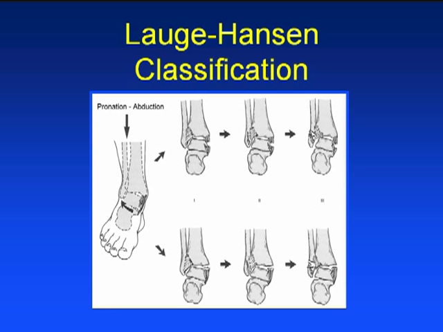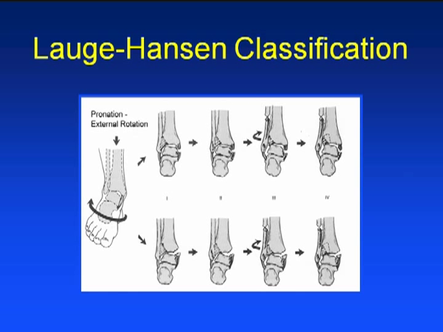And you then will tear or fracture on the medial side of the ankle first. So the deltoid ligament will either rupture or you will shear off the medial malleolus with a horizontal orientation. As you progress through the next stages, you will then impact against the fibula, causing a fracture, or you will tear the ligament or both. And so you end up with these various stages in the pronation abduction category.